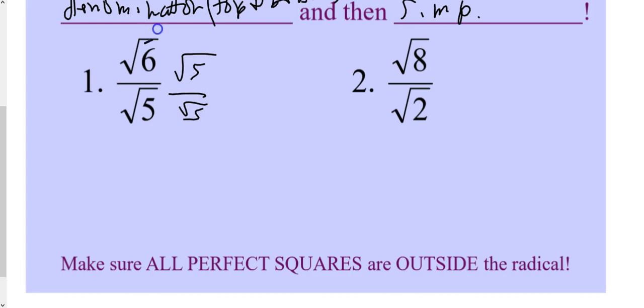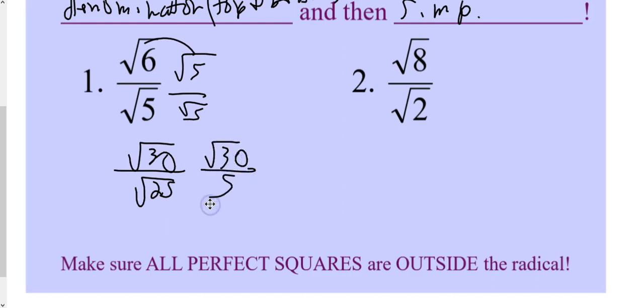Now, we just learned from multiplying, inside times inside, that's radical 30. Now on the bottom, there's 2 ways to go about this. We can say 5 times 5 is 25, but then simplify it. The square root of 25 is simply 5. So that leaves us with radical 30 over 5. Okay?